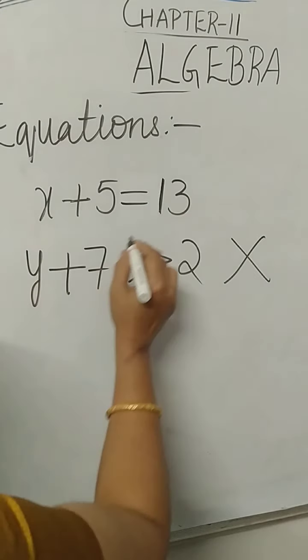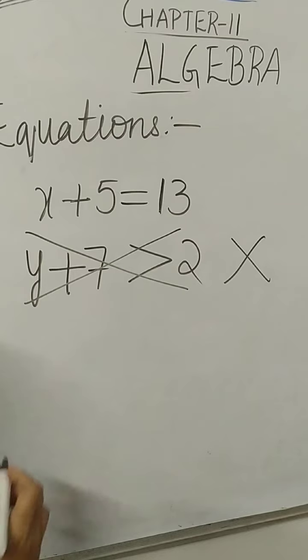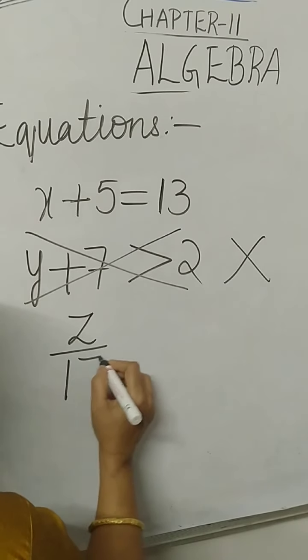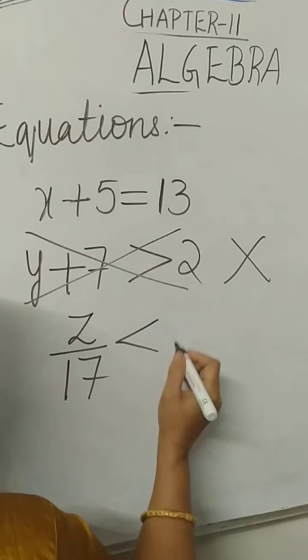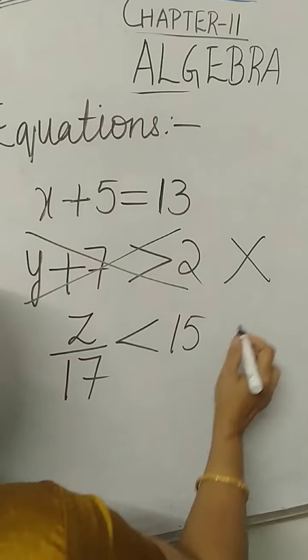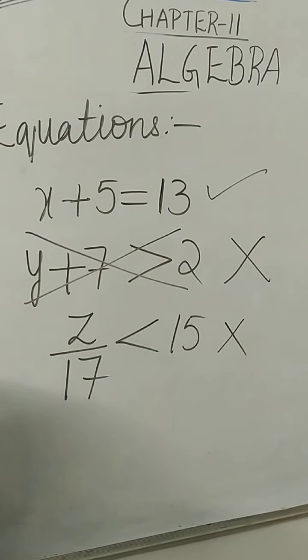So it is not an equation. I'll show you another one. Z by 17 less than 15. Is it an equation? No, it is also not an equation.